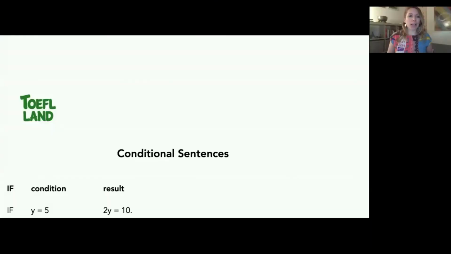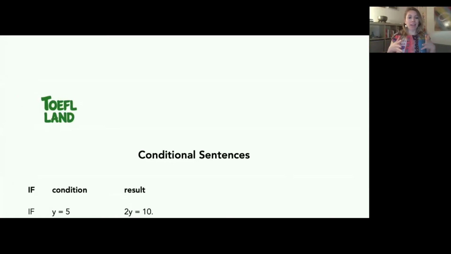And it also depends if you're thinking about the future as if it's a real possibility, or as if it's an unreal possibility. So there's a lot to discuss right there. Let's get to it. I'm going to share my screen and we're going to talk about the conditional and how to write and speak this correctly.